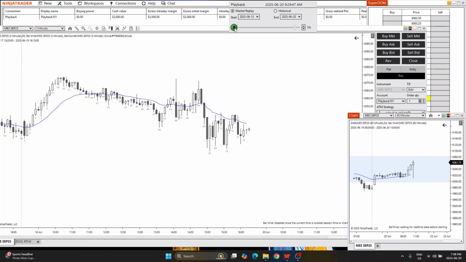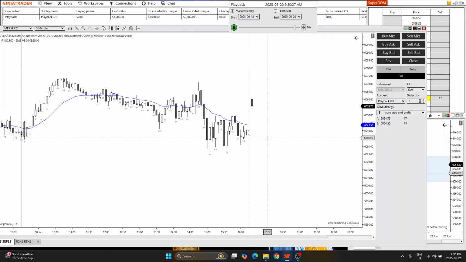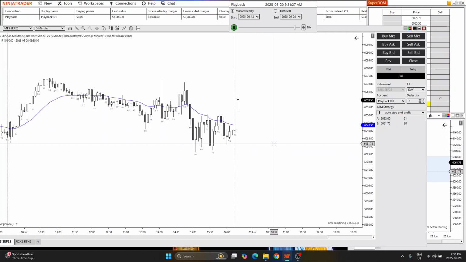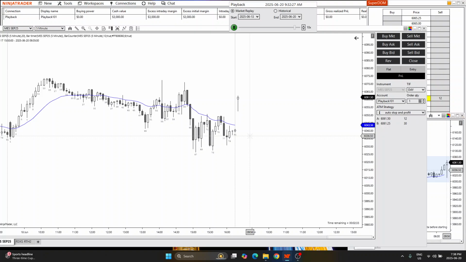Let's start. So 3 more seconds to go. So we have a gap up. Gap up.